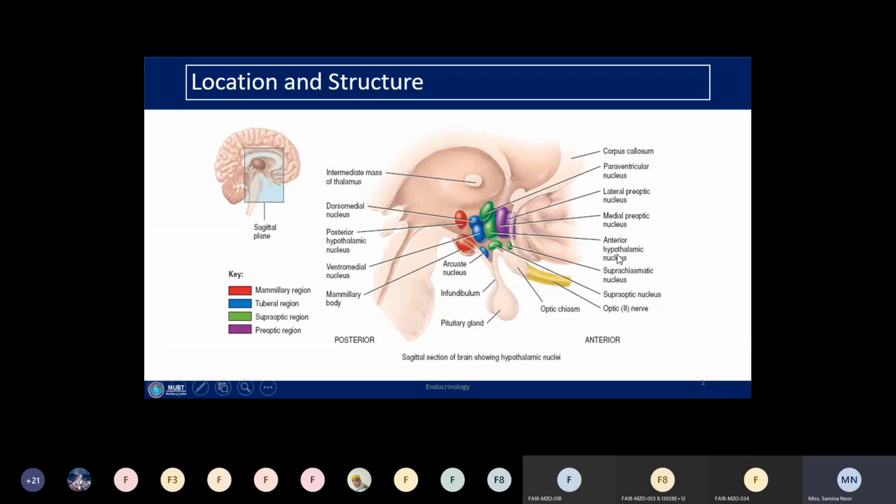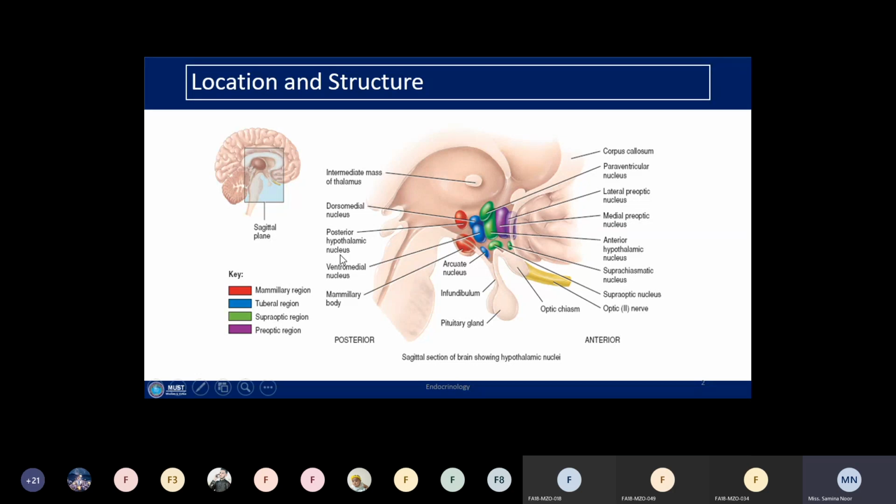So in the hypothalamus, aggregations of cell bodies, or neuronal clusters, are present. Such aggregations of cell bodies in the hypothalamus are known as nuclei. The different nuclei are named according to their location in the hypothalamus.